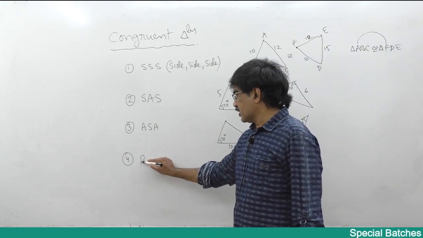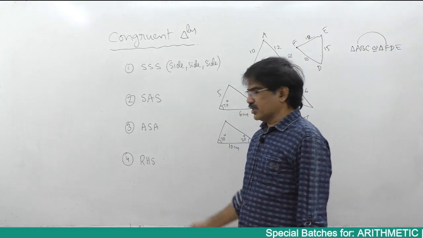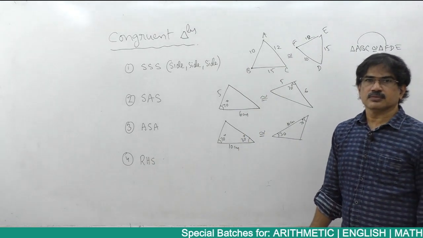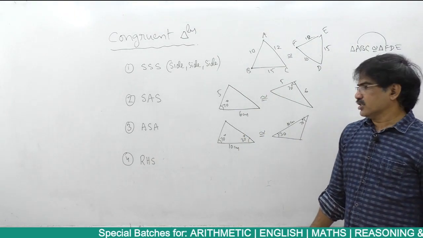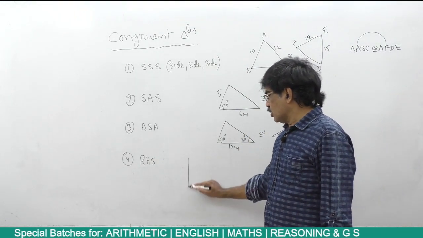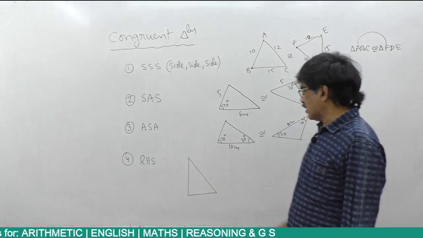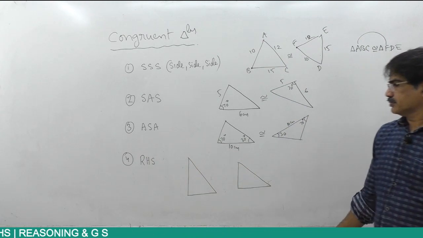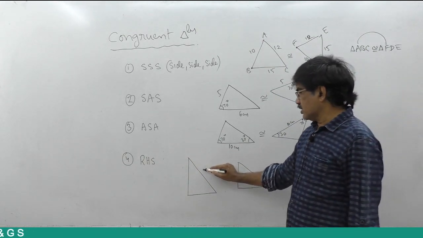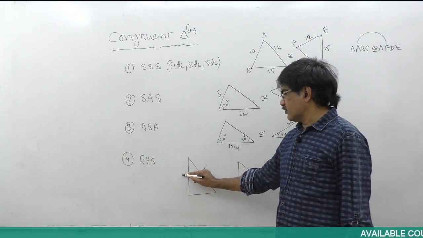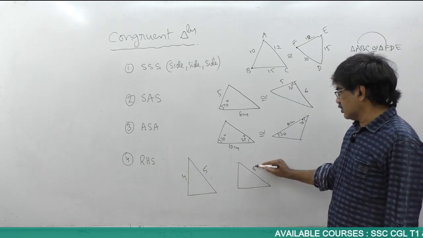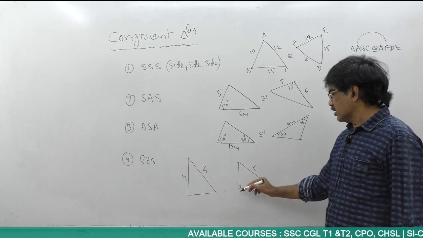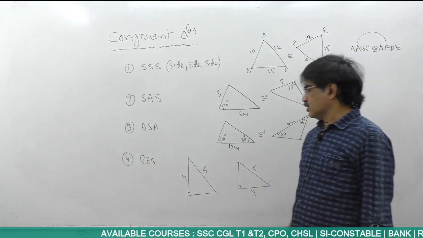The fourth property is nothing but RHS property. What is RHS property? In two right angle triangles, this is one right angle triangle, this is the other right angle triangle. For example, this is 5 centimeters, this is 4 centimeters, this is 5 centimeters, this is 4 centimeters. These two are right angles.